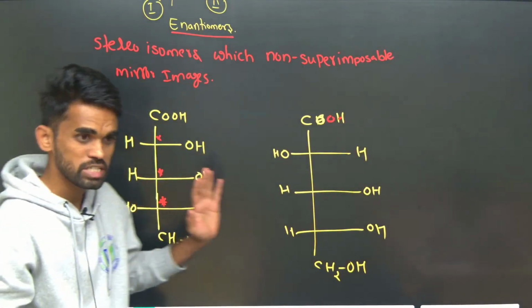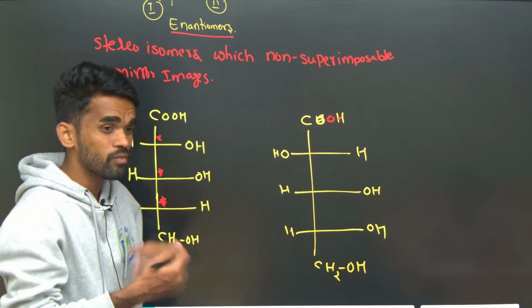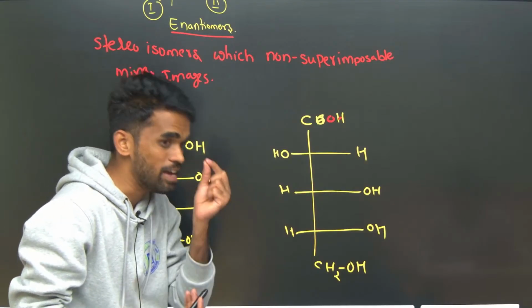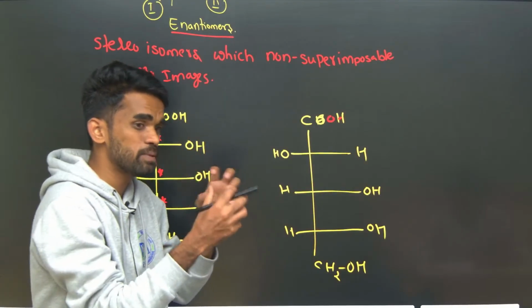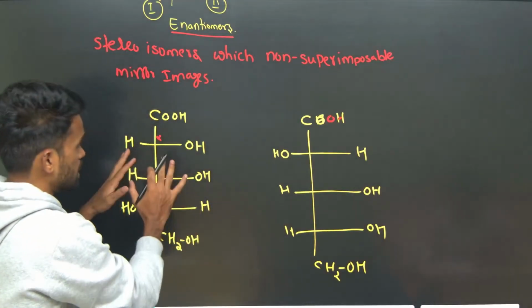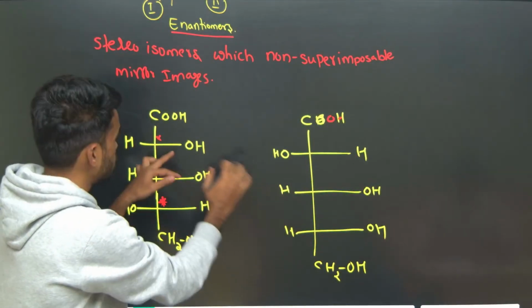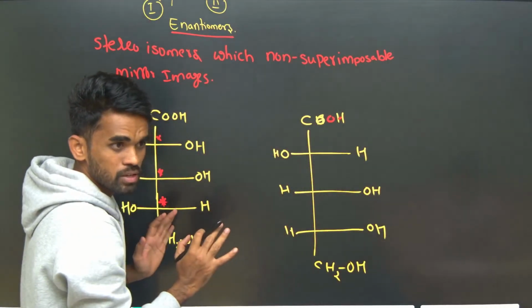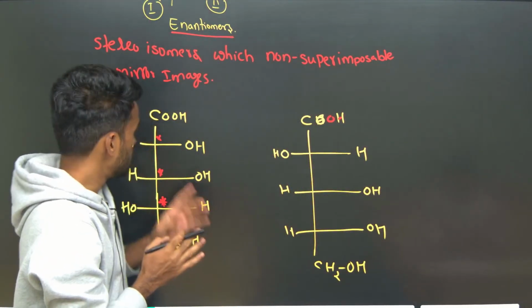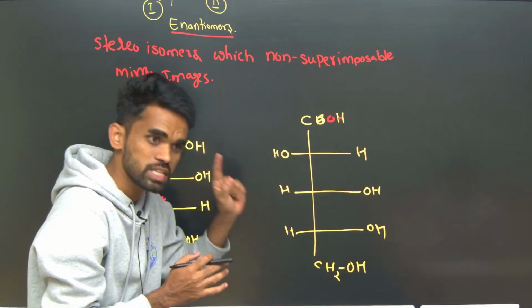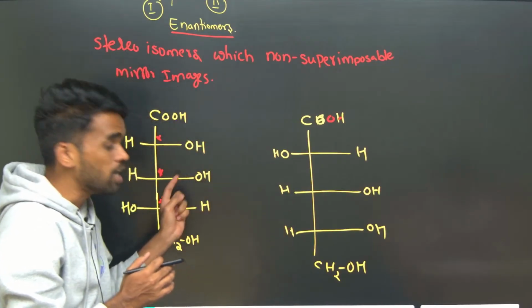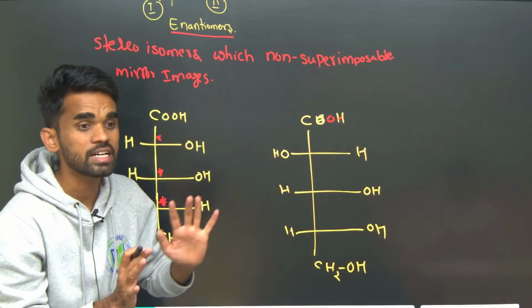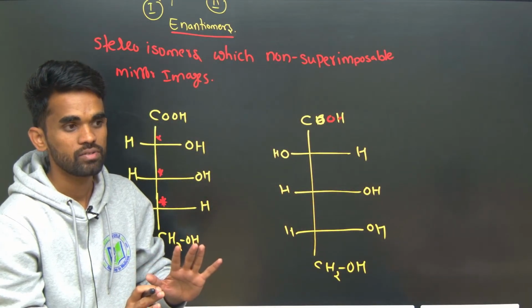So both of them are stereoisomers only. What is the definition of stereoisomers? Isomers which differ in the spatial arrangement of atoms. Yes, they differ in the spatial arrangement of atoms because this is on the right side, here it is on the left side. Remaining everything is the same. But these are not mirror images, so they are considered diastereomers.